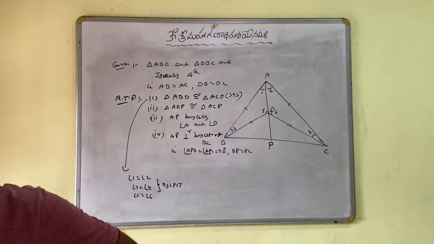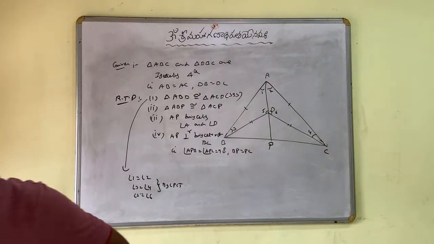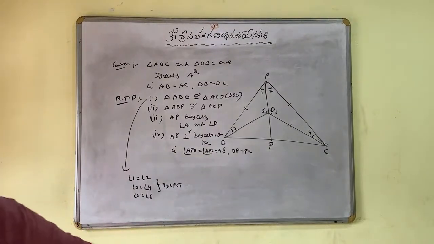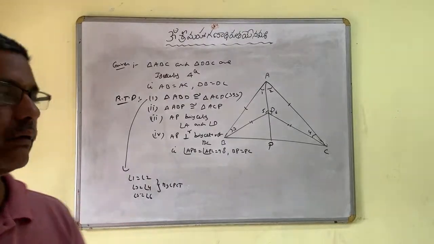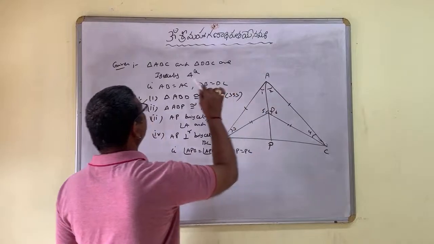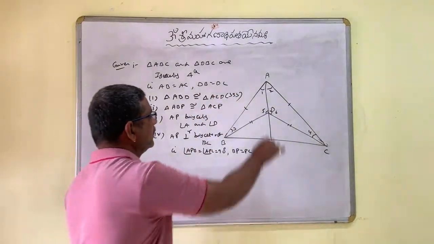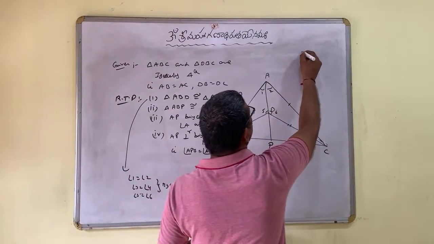SAS, very good. Bashita is saying SAS. How? See, AB is equal to AC, given. AP is the common side.